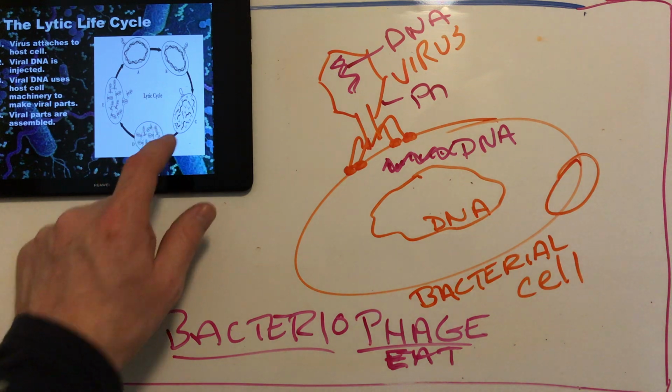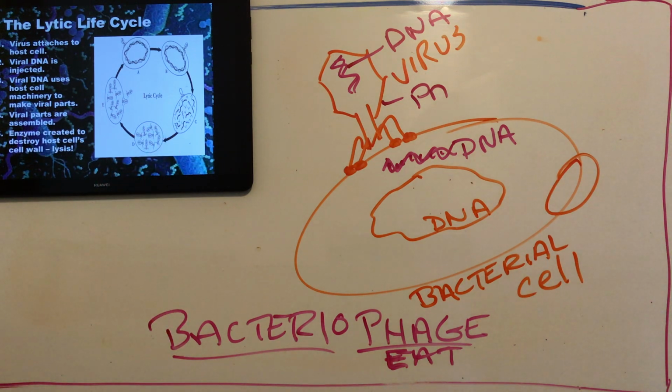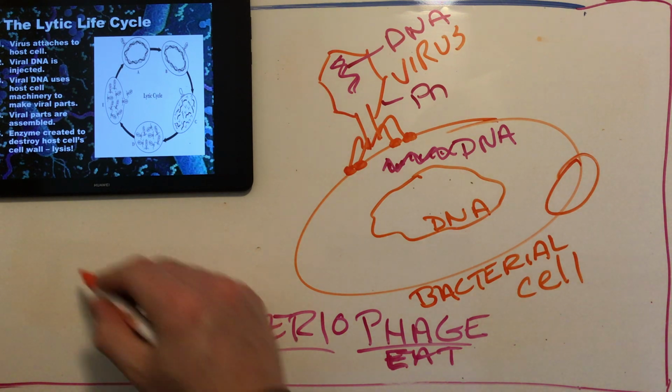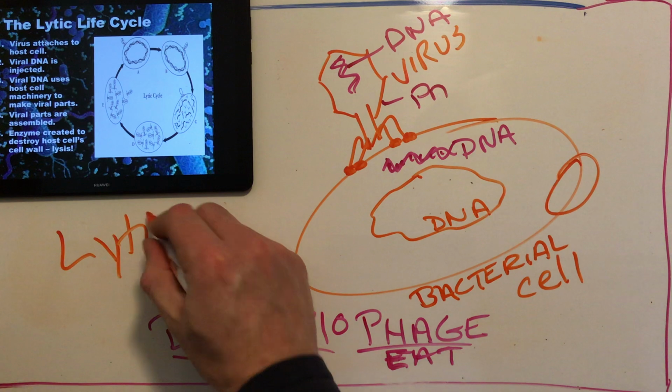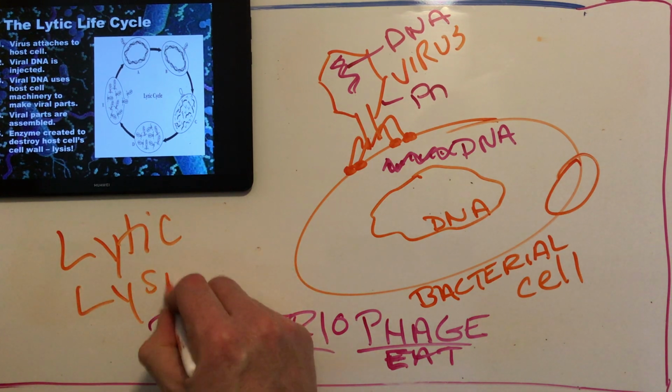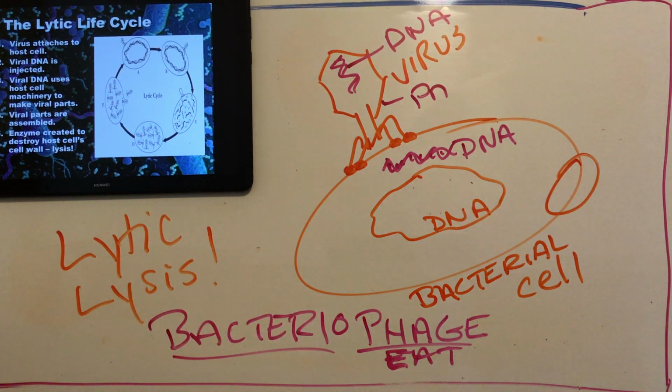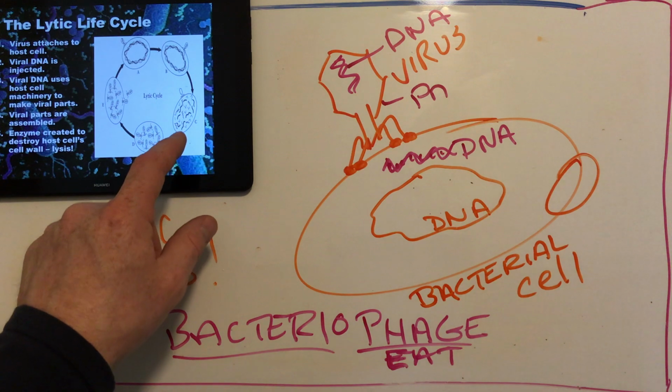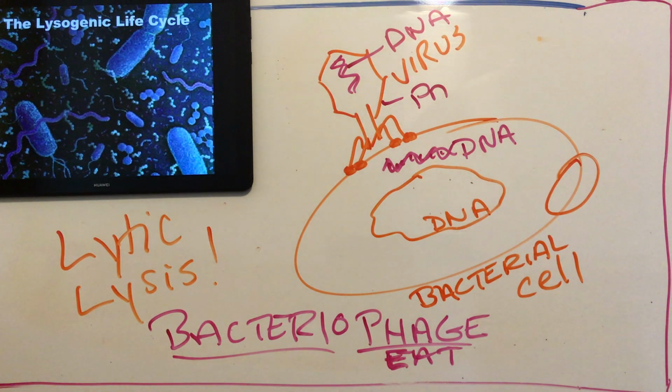Those parts are then assembled, and then the enzyme is created that destroys the cell wall, and this is the lysis. Right? This is why it's called the lytic life cycle. Lytic or lysis means, like we said before, to break up. The cell breaks open and all those viral copies are released into the surrounding environment if we're talking bacteria, or our bloodstream or tissues if we're talking inside of our bodies like the coronavirus.